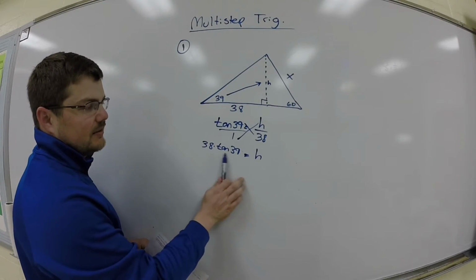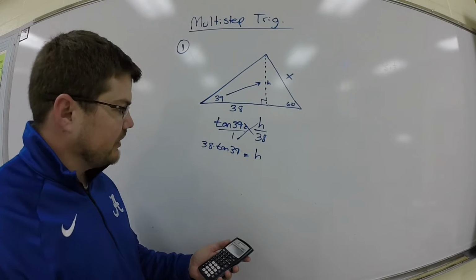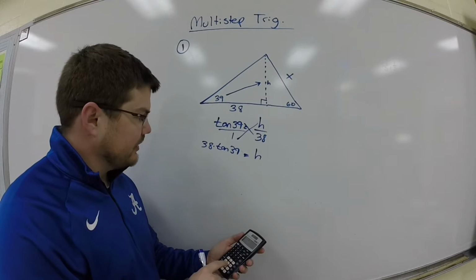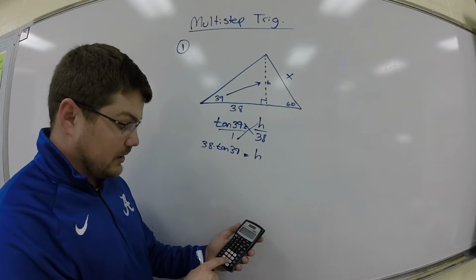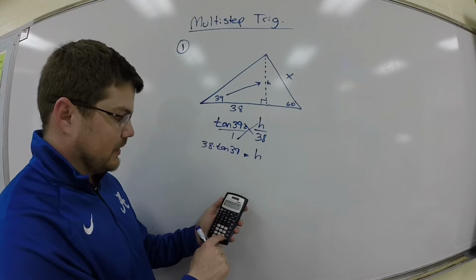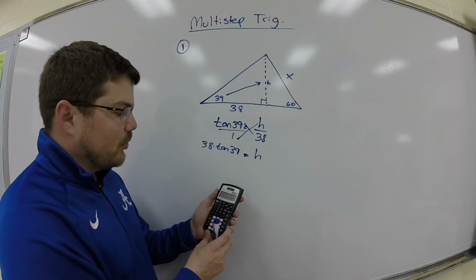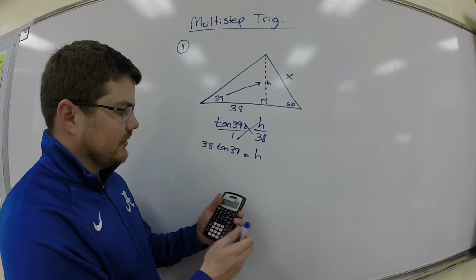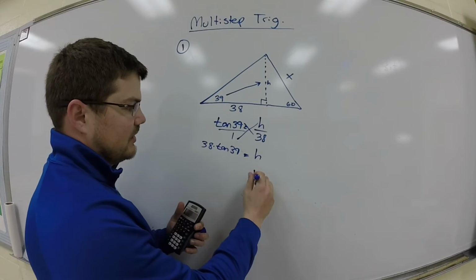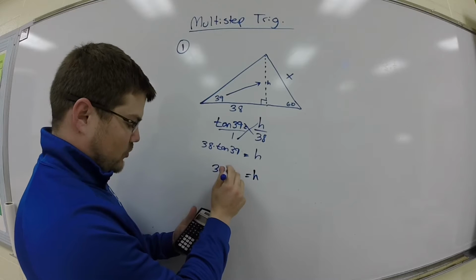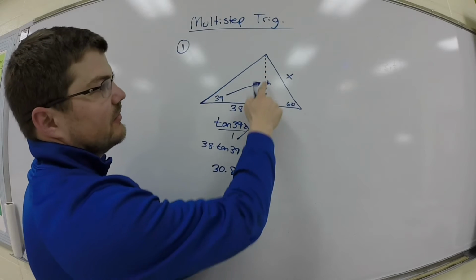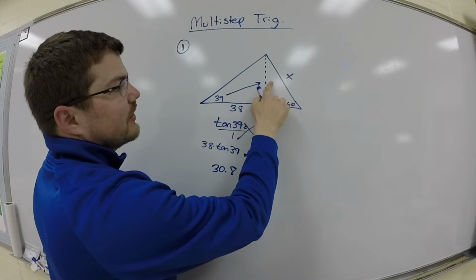So once I get this, we'll round it to the nearest tenth. Okay, so in my calculator, I'm going to do 38 times tangent 39. That gives me 30.77. So to the nearest tenth, we're going to say 30.8 is going to be this value. So this is 30.8.